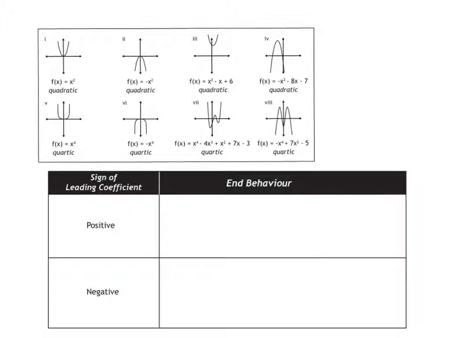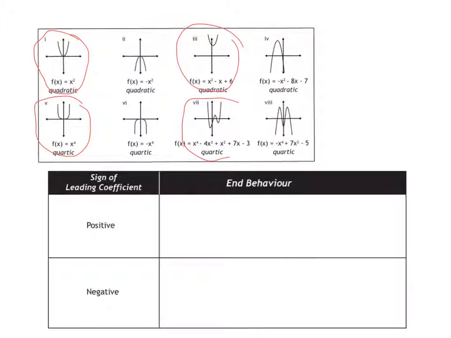So starting by looking at the ones that have a positive leading coefficient, which are, let's see, this one, that has a positive leading coefficient. So all that means is that the number in front of the x is a positive number. And actually here, all the x's have either a 1 or a negative 1 in front of them.